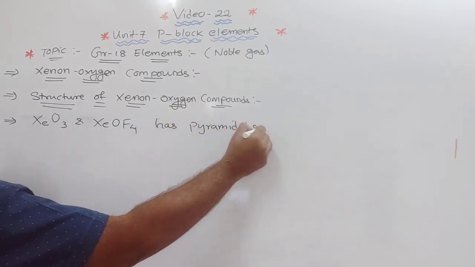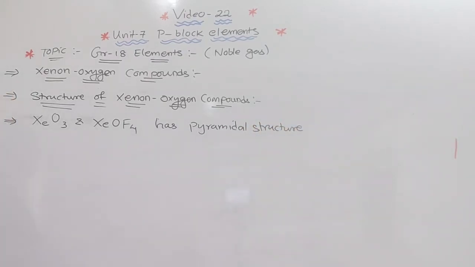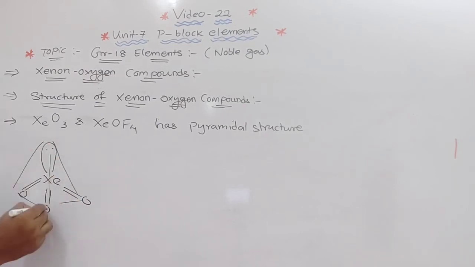When we talk about this pyramidal structure, you can easily see that here. First one I draw is Xe. So XeO3: double bond O, double bond O, double bond O, and one lone pair. So you can see this is the form of a pyramid. This is the pyramidal structure of XeO3.